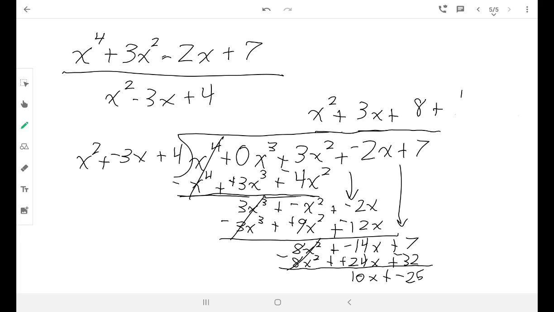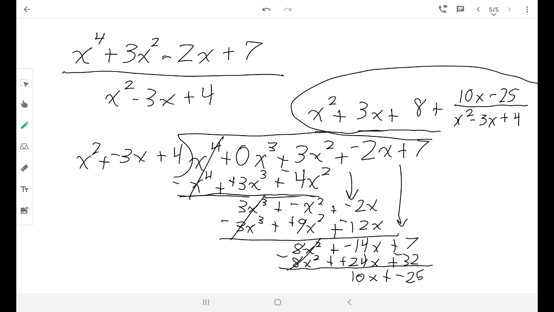So the remainder comes out to 10x plus negative 25, or minus 25 if you will, over x squared plus negative 3x, or minus 3x plus 4. Okay. So there we go.